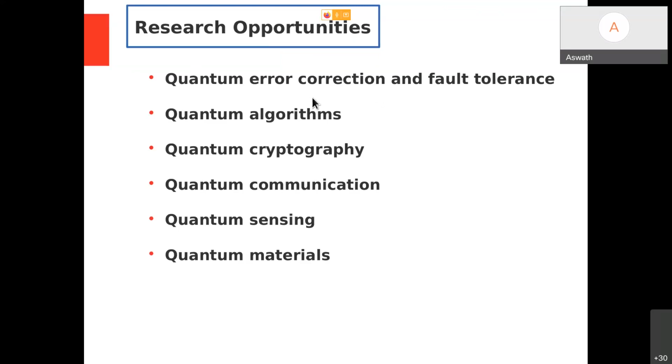work and progress. Okay. So obviously quantum algorithms, whatever algorithms we have, are hardly few in number. So you can always come up with new algorithms where interesting, useful things could be carried out. Quantum cryptography, right?